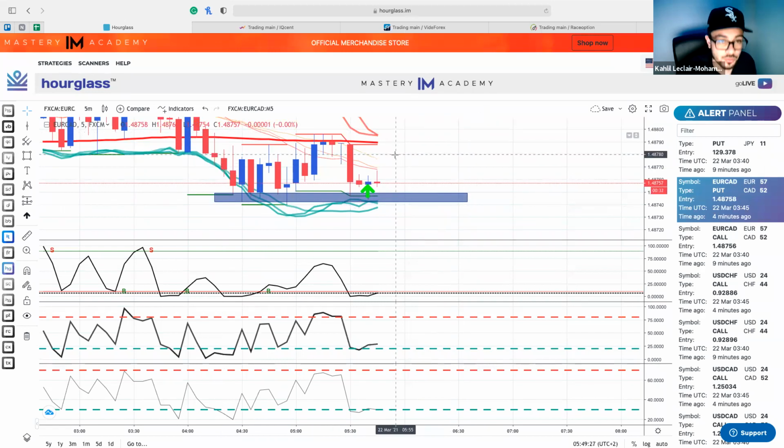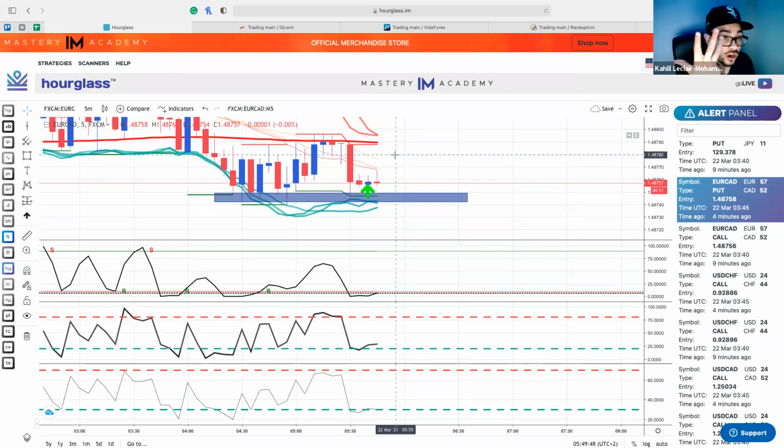So confirmation number 1, you want an up arrow or down arrow. Confirmation number 2, you want all 3 indicators to be overbought or oversold. Confirmation number 3, you want to identify a floor or a ceiling.